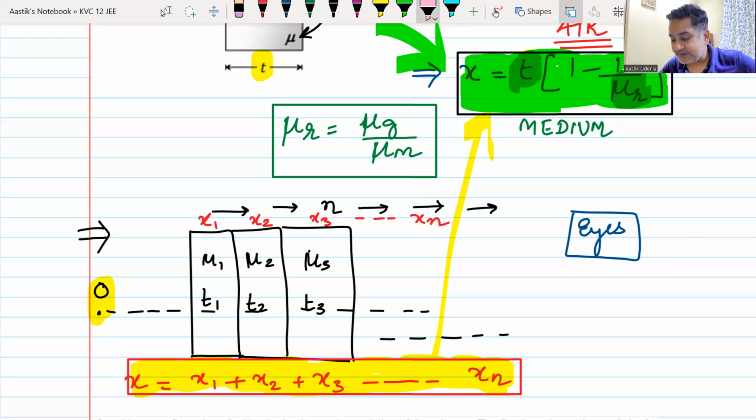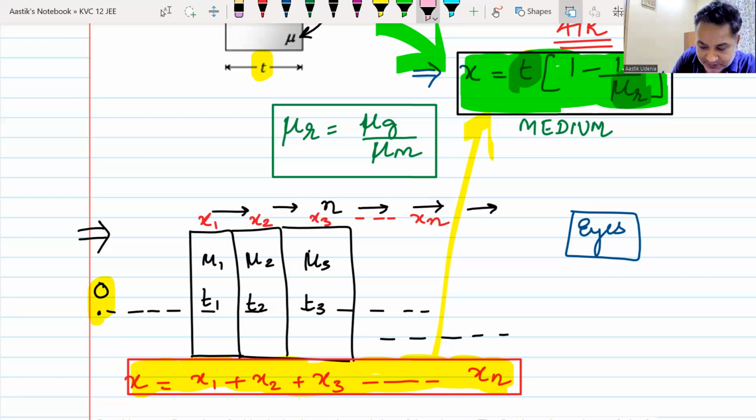Do we understand this? Yes or no? Can I have a raised hand from everyone that we have understood this concept? Yes, sir. That is how you can find out the total shift due to many slabs.